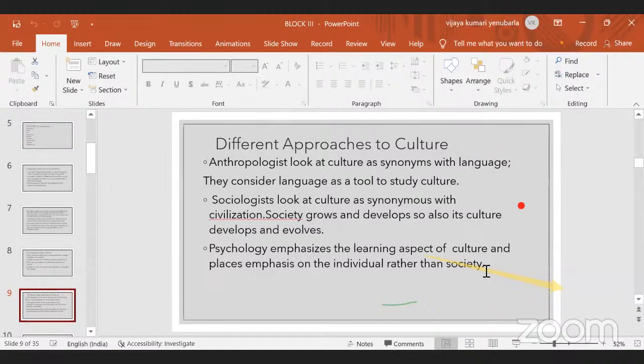You take every individual, analyze their attitude, their behavior and everything, then you decide this is culture. The individual level is important for a psychologist, and they study culture starting from the individual rather than society. So for psychologists, culture changes within the group also, because they take each and every individual.